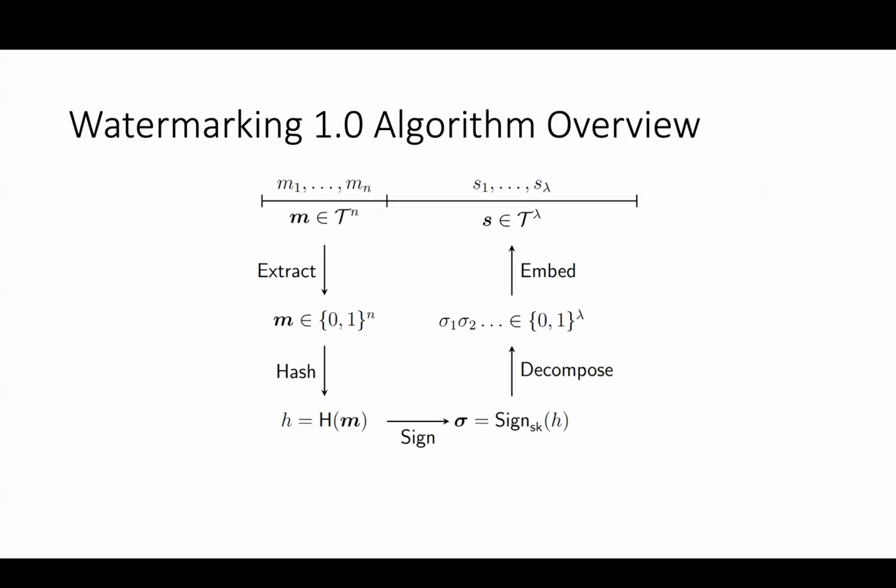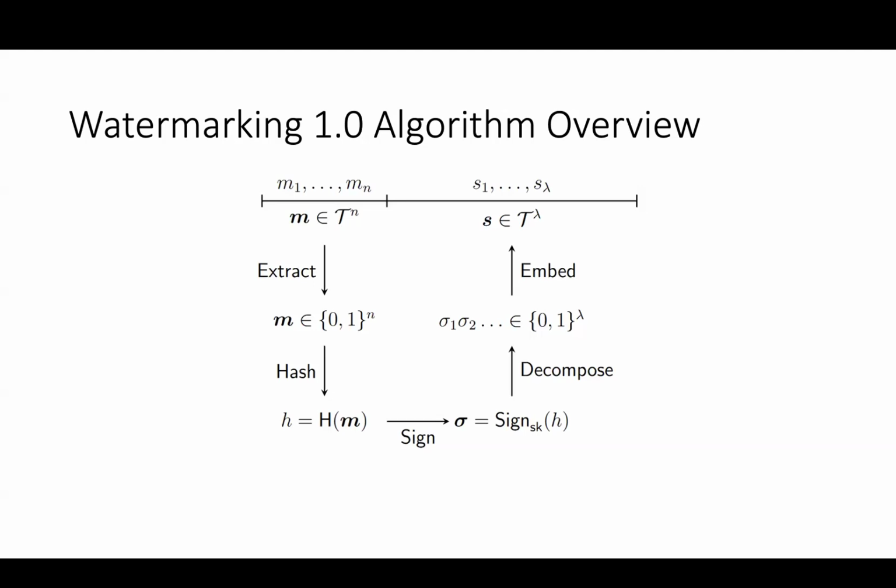The watermarking scheme, as it turns out, is fairly natural. What we're going to do is generate the first few tokens, let's say the first n tokens, without any watermark. You use your LLM to generate the first n tokens. Then you use those n tokens, hash them, extract a message out of it, sign it, and then embed the signature in the subsequent tokens.